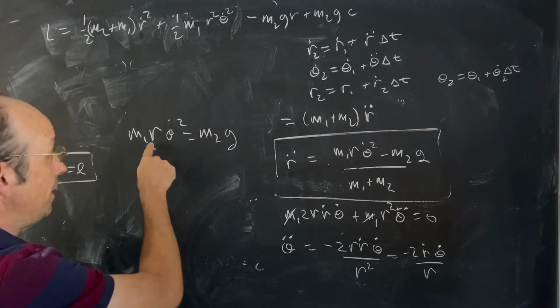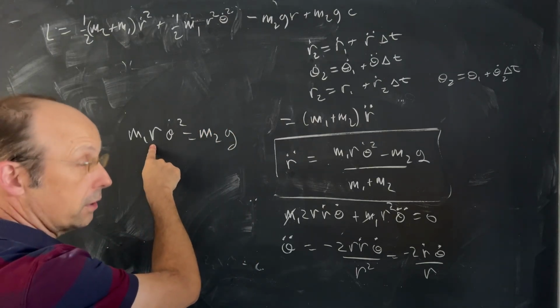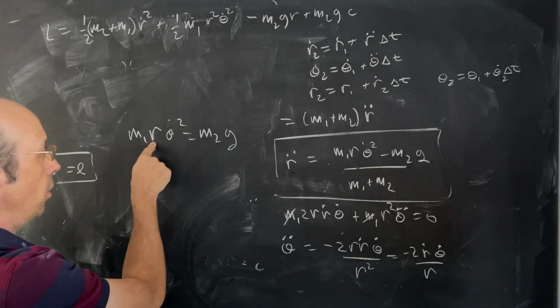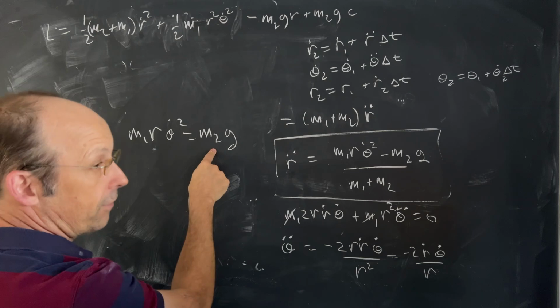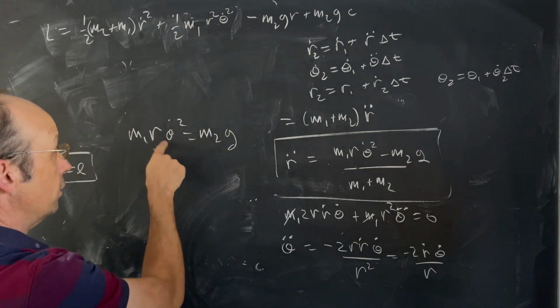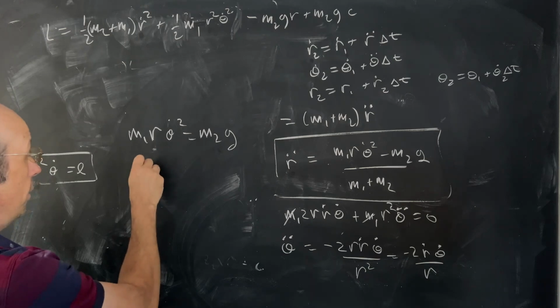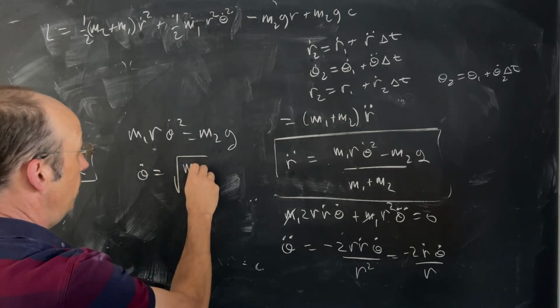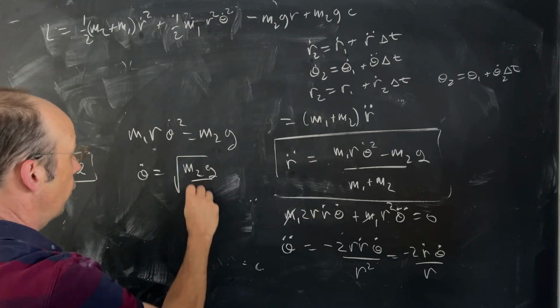And in fact, this is the centripetal force. Wait, is that right? m r omega squared. Yeah, it is. Mass times r times omega squared, and that's the gravitational force hanging down. That's the tension in the string if it's not accelerating up or down. So let's solve this for theta dot. So theta dot is going to be equal to the square root of m2 g over m1 r.